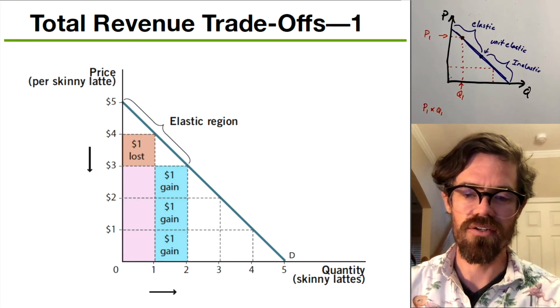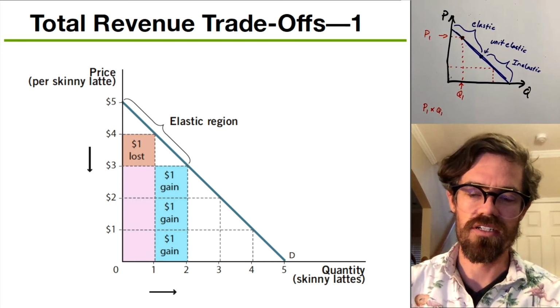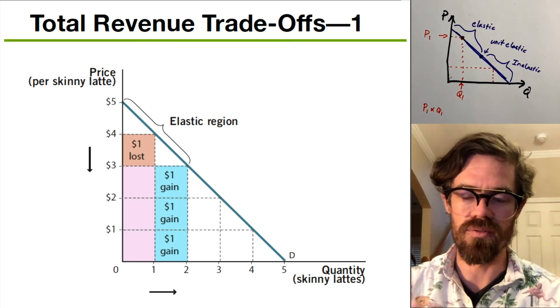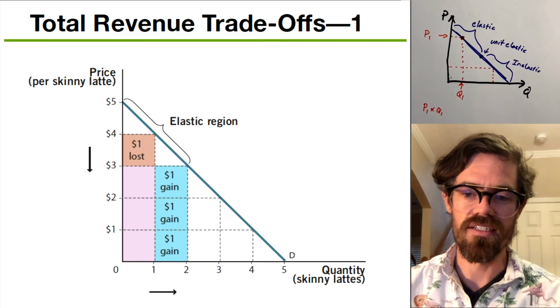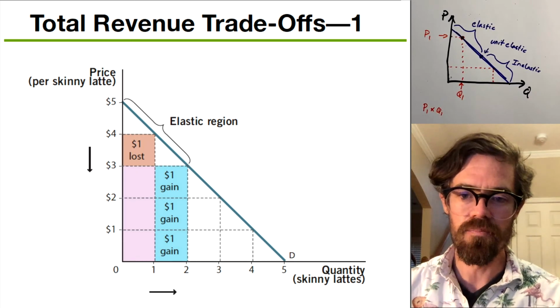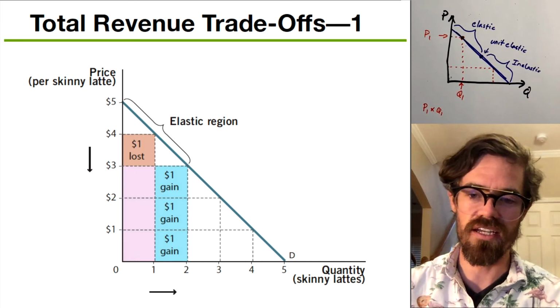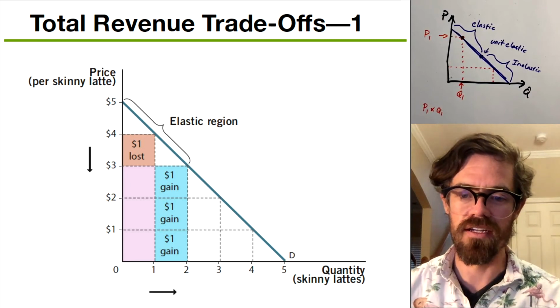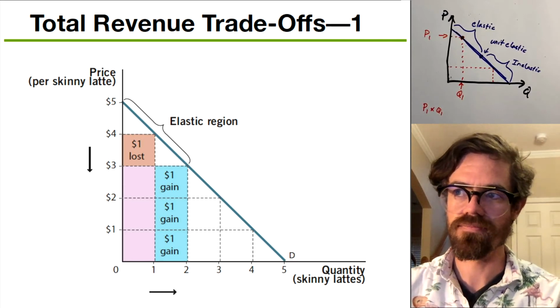So we lose $1 on that unit that we sold initially at $4. By bringing the price down $1, we're losing $1 there, but we're selling an additional unit. So we're losing $1 by bringing the price down, but we're gaining $3 because we're selling one more unit. Okay, so on net, we're earning $6 in total revenue instead of $4. So total, we're gaining $2.